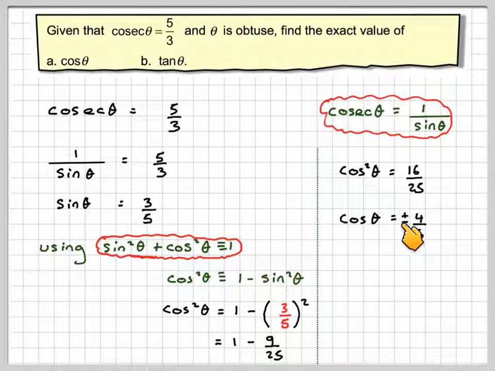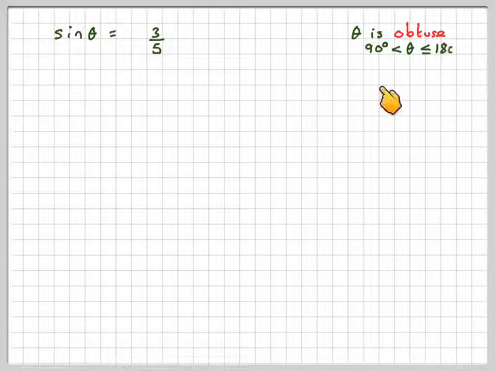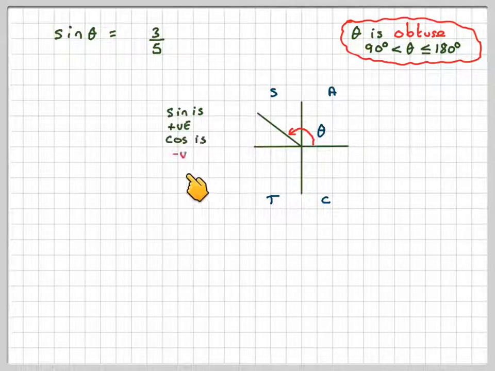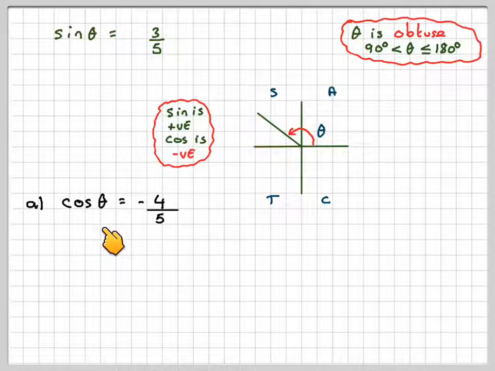However, it might be plus, it might be negative, so we need to look at that a little bit closer. Theta is obtuse, between 90 and 180. Here is my angle. Now in that quadrant, sine is positive but cosine is negative, therefore I must only write down that cos theta is minus 4 over 5.